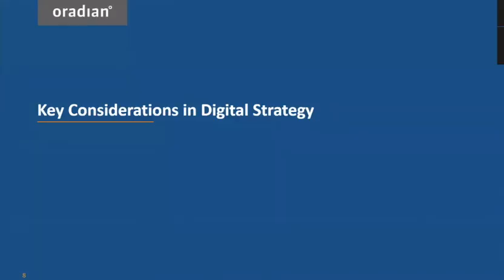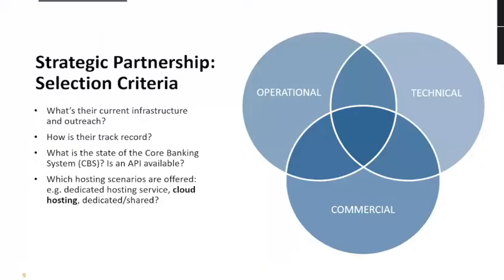Strategic partnership with the digital channels is a crucial part of the digitalization process, because the solution or the service that you're going to use is not just a supplier for stationery or water.